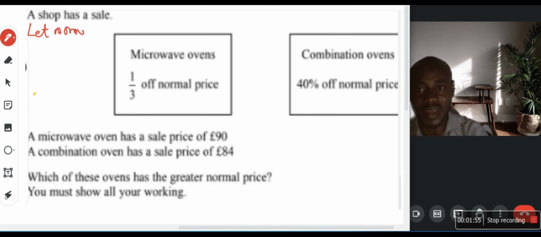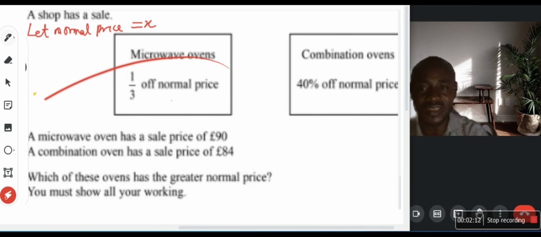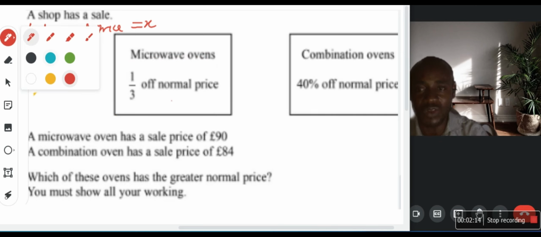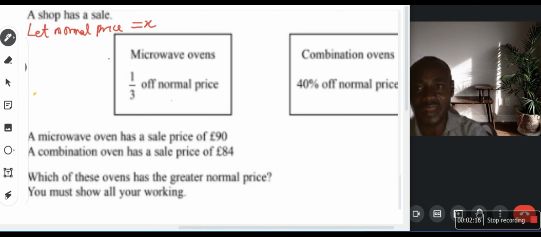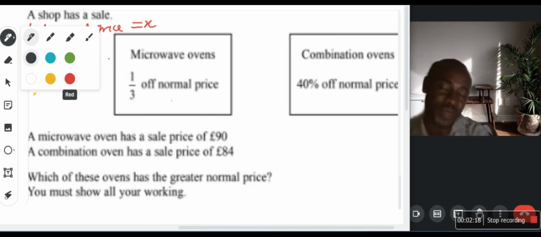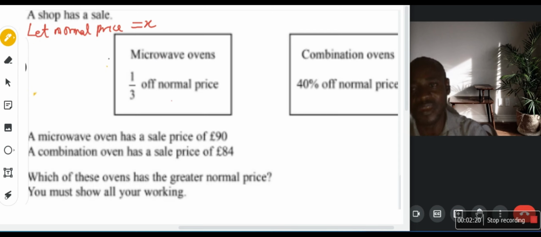The normal price equals X. So if the normal price is equal to X, we're told that 1/3 is taken out as discount. Assuming the whole thing was 100%, you can use 1. Let the whole thing be 1.